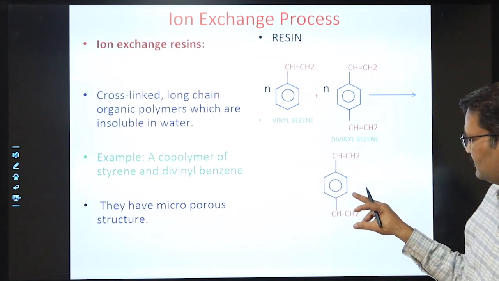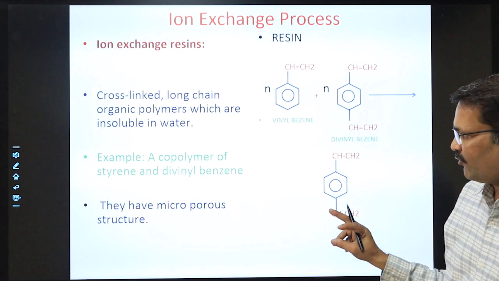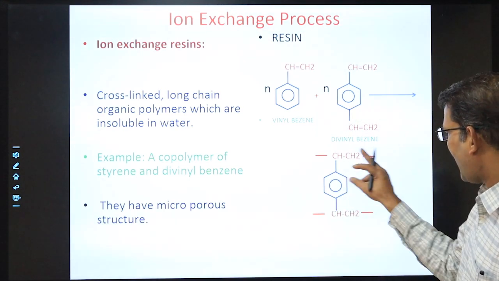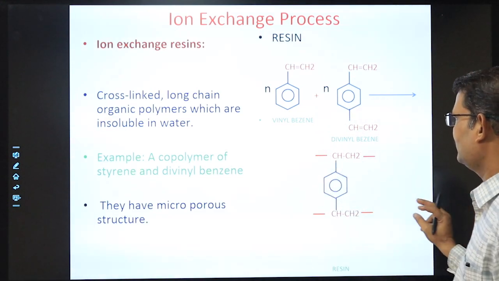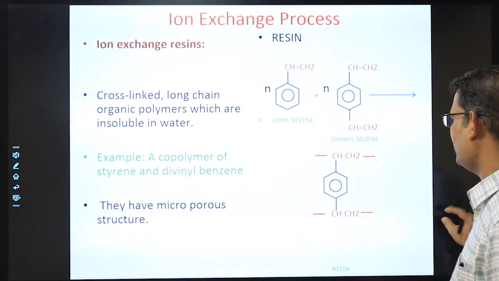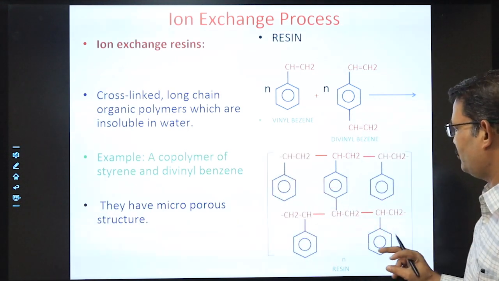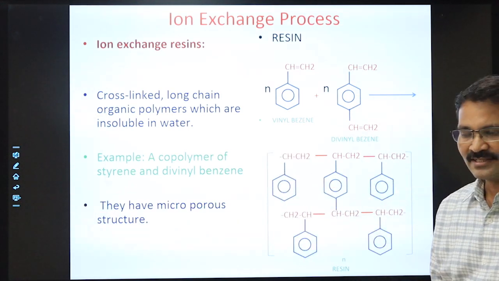How will this repeating unit be formed? Just write vinyl benzene first, add the extensions, and put the vinyl benzenes. So this is the repeating unit of the resin.